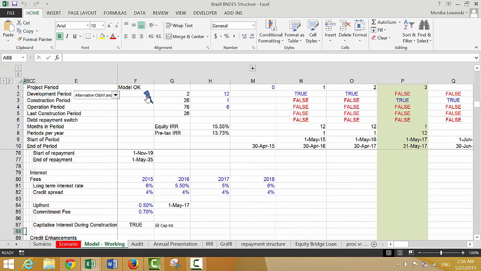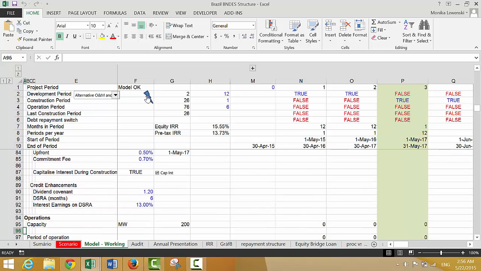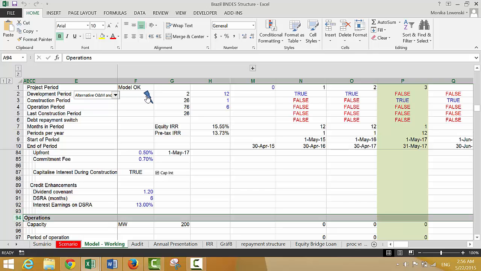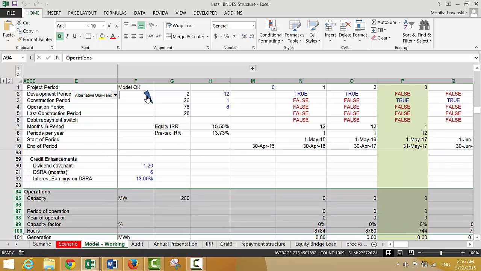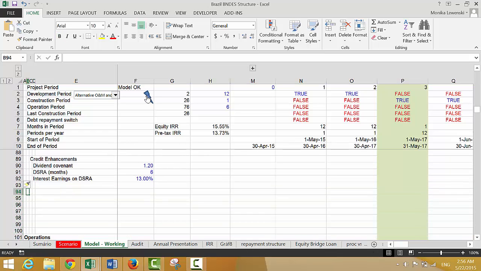Some people might say this equity bridge loan is outside of the whole project, so it's not really related to the project. Now, if it creates an interest during construction, apparently, from what I understand from Hernandez, that's included in the IDC.